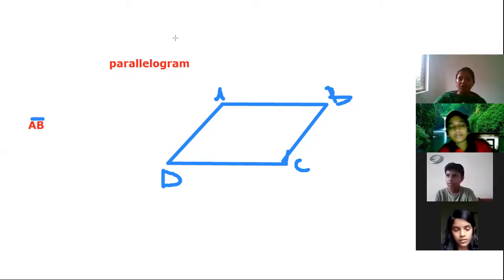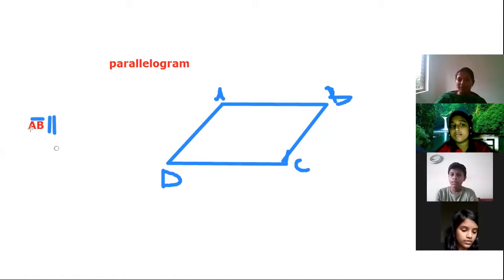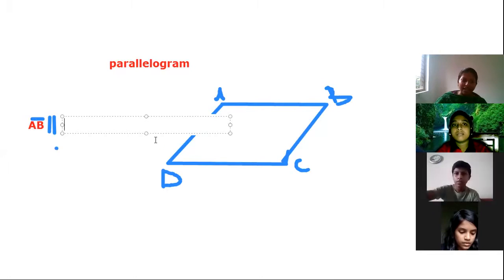And also, line AB is parallel to line DC. For representing the parallel symbol, we have to draw two parallel lines vertically. So we read it as line AB is parallel to which line? Line DC.